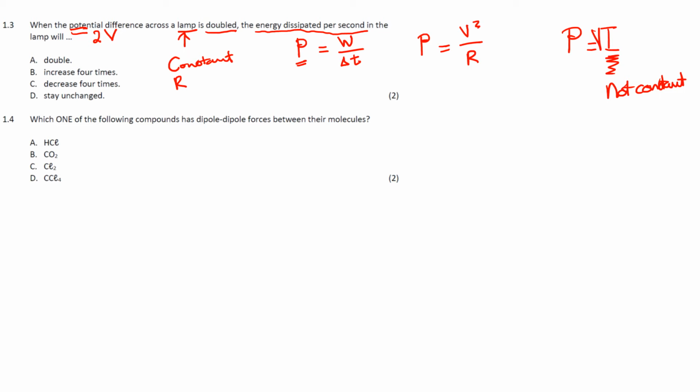Whether the voltage is V or 2V, the resistance would be the same. So power is directly proportional to the voltage squared. Now, if the potential difference is doubled, what happens to the 2 when you square it? It becomes 4 times what it was. So the energy dissipated per second will be 4 times more.